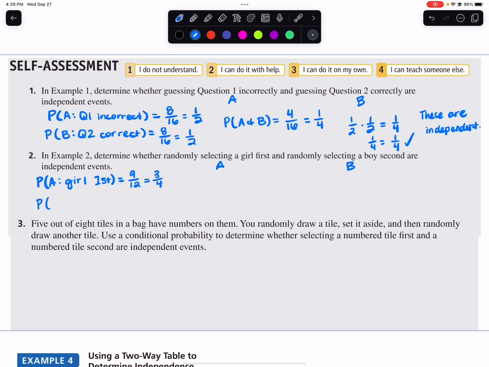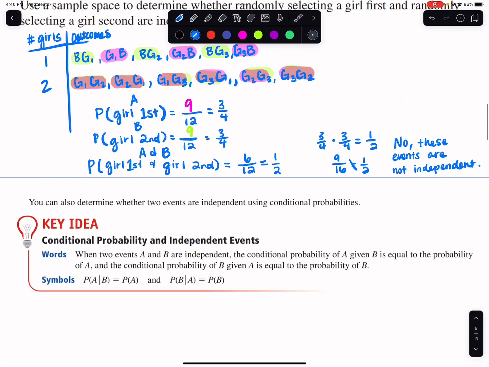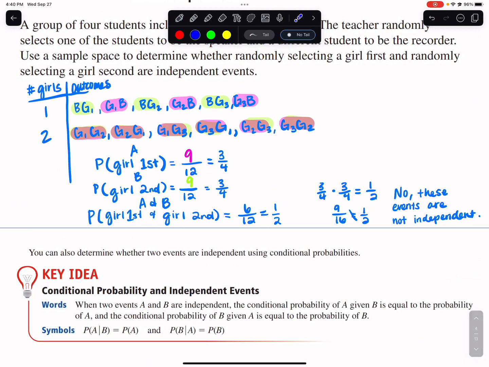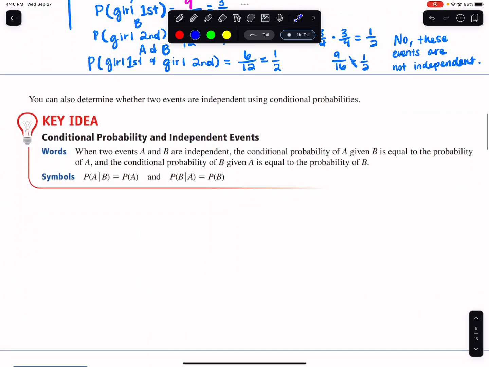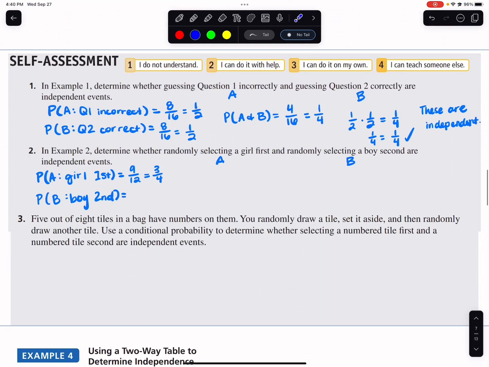Then we're going to find the probability of B, selecting a boy second. So I'm going back up. How many boys are second? So I have 1, 2, 3, where I have a boy second. So 3 over 12. Gonna simplify that. That'll be 1 over 4.